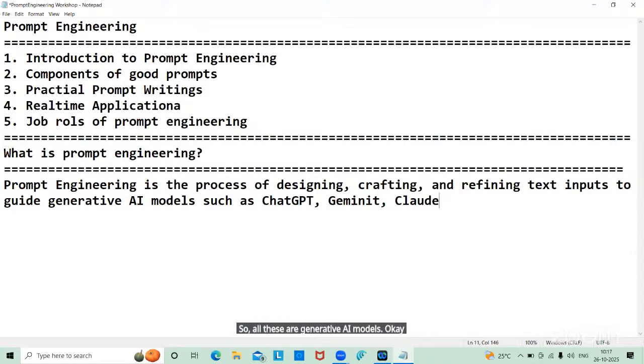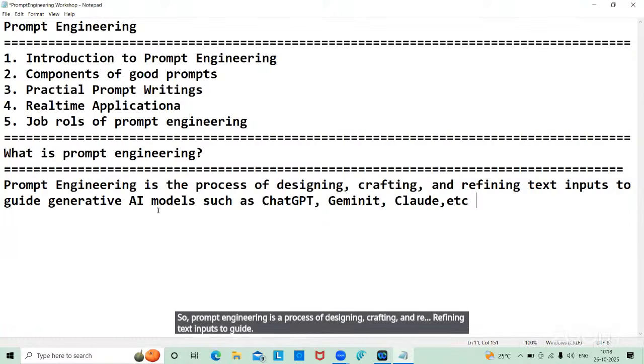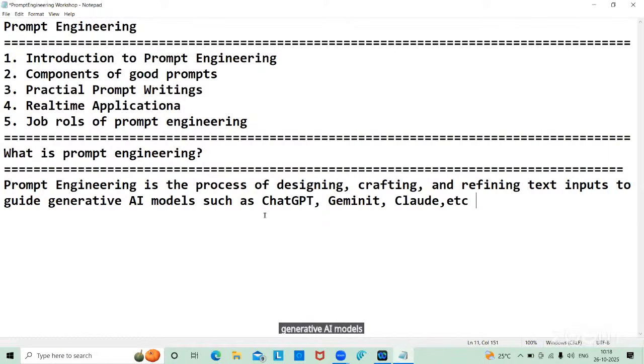To produce, etc. I am not writing all. So prompt engineering is a process of designing, crafting, and refining text inputs to guide generative AI models such as ChatGPT, Gemini, and Claude, etc. I have just taken only three, but you have a lot of generative AI models.